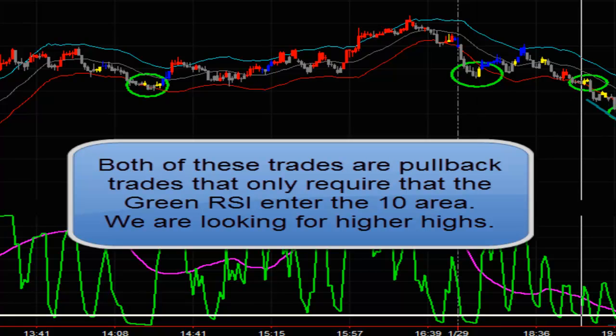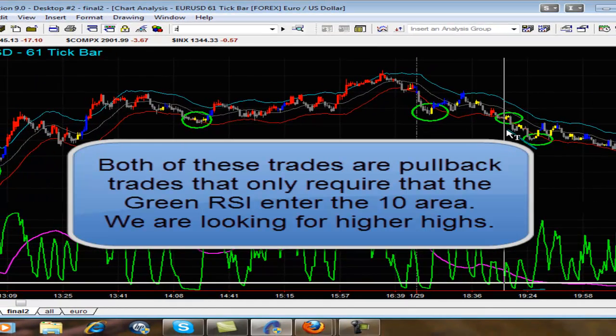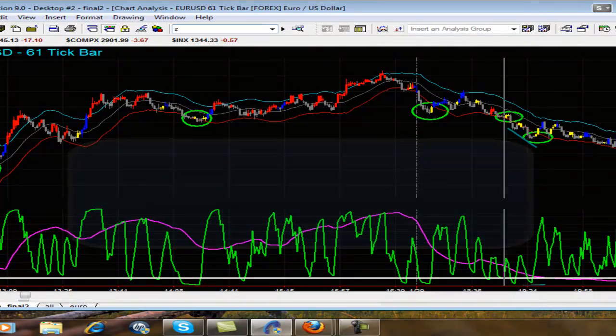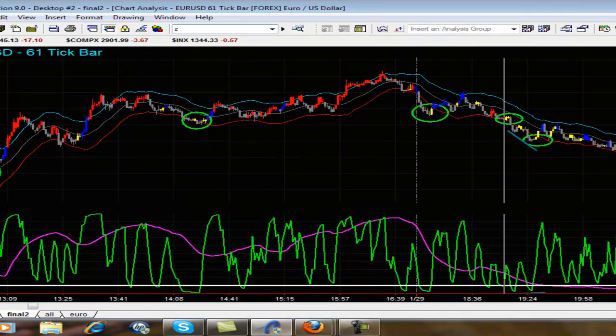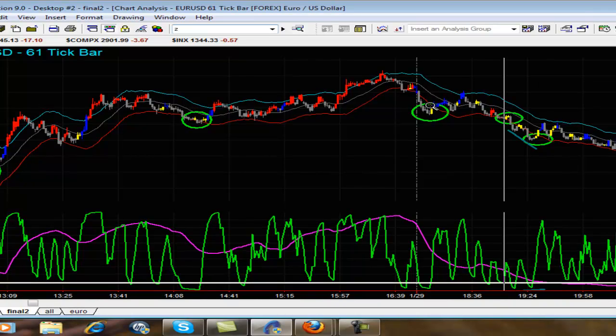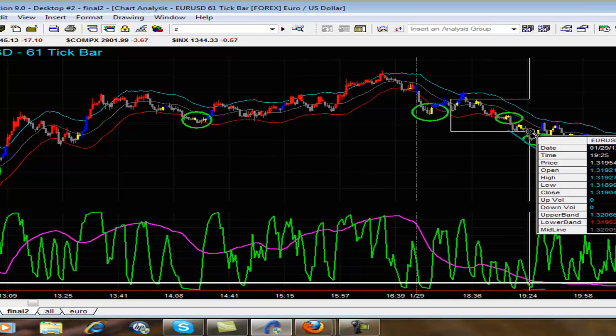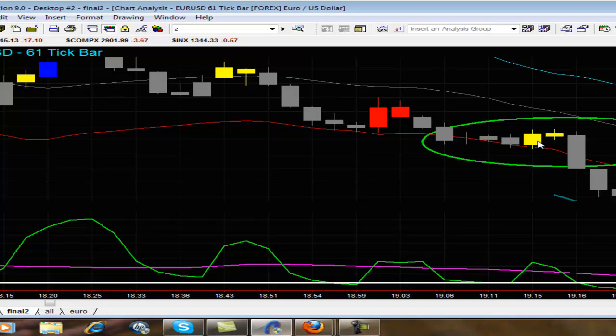Now the one thing I want to take into consideration is that if you are not qualifying your trades with the blue bar, see, this disqualified the trade because we weren't getting a blue bar.